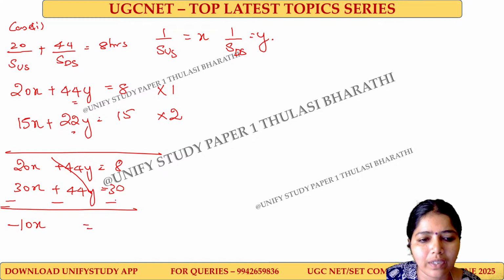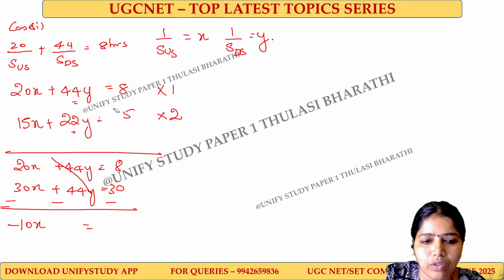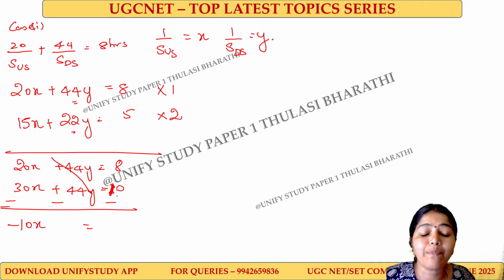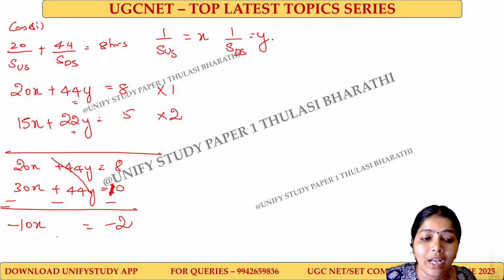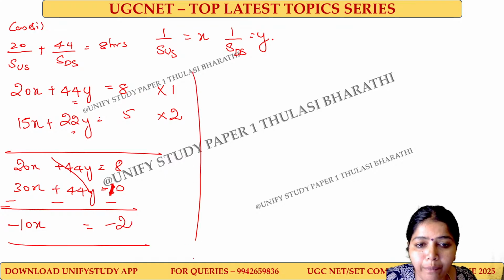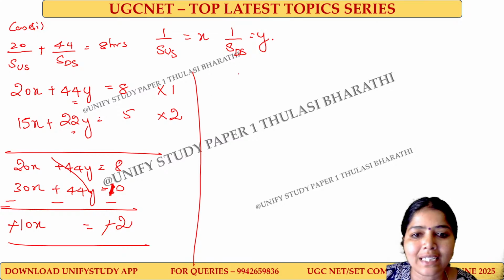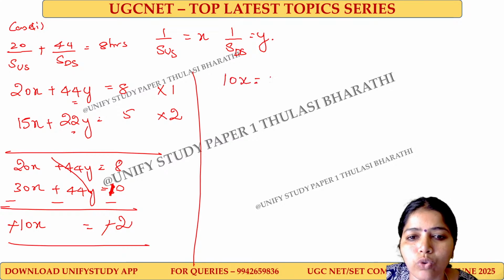Sorry, this is 5. So then this becomes 10. So here 8 minus 30 is minus 22. Please be clear about solving this step, because minus minus gets cancelled, and we have 10x is equal to 2. x is equal to 2 by 10. So x is equal to 5.